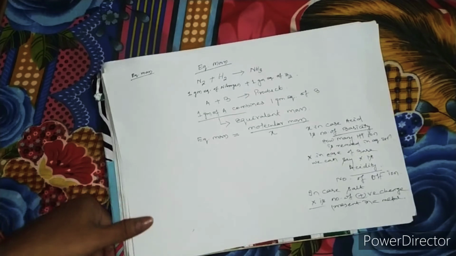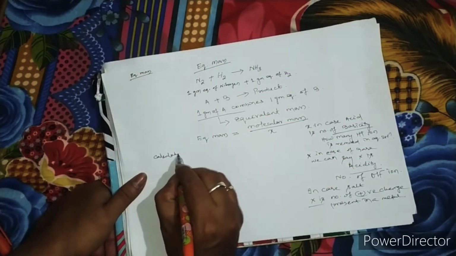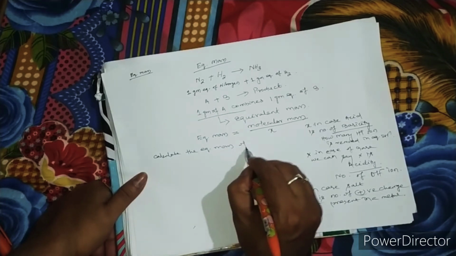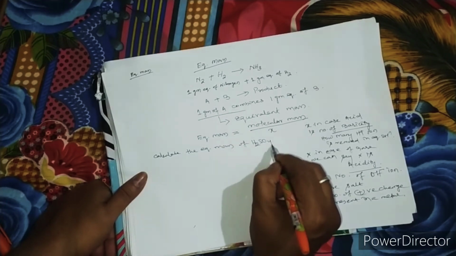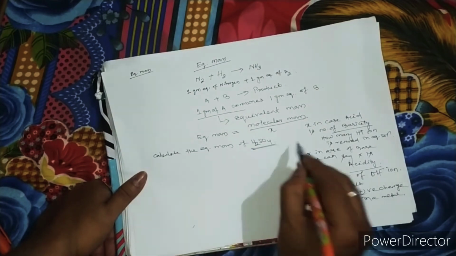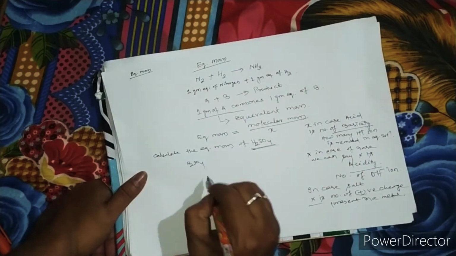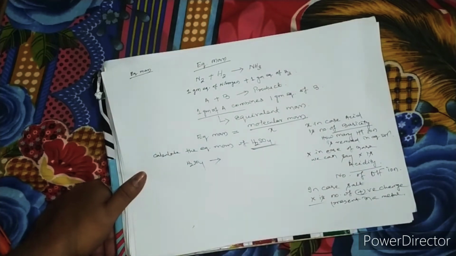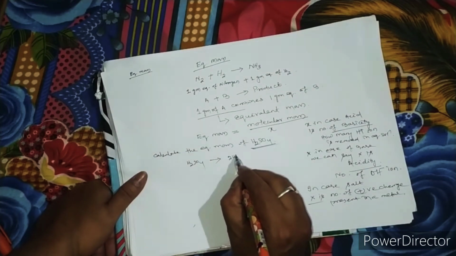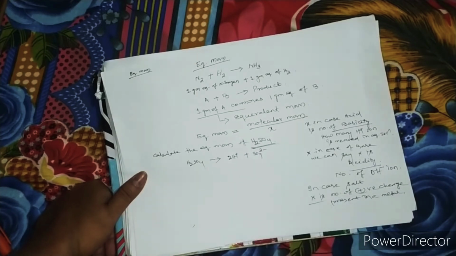Let us take an example. I am writing here: calculate the equivalent mass of sulfuric acid, H2SO4. If we break it, we can write 2H plus and SO4 2 minus.